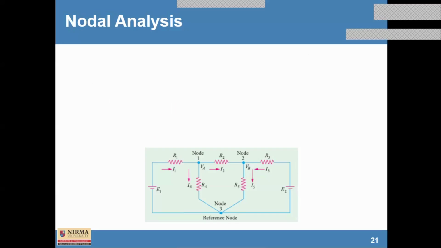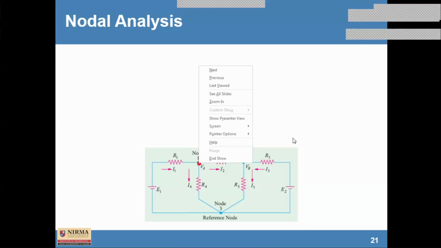Let us see how. So this is a network here. I hope this network is visible to everyone. Okay, fine. So here, say this is the network. As per the definition, we can define a node here. We can define a node here.